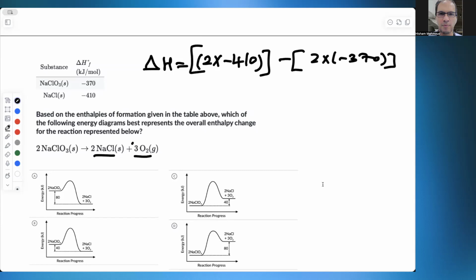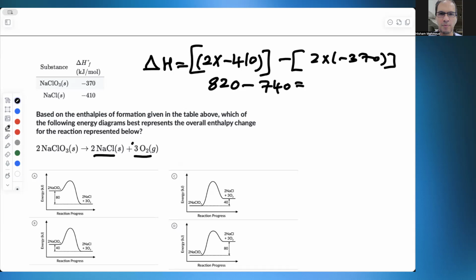So what is the value that you get? 2 multiplied by 410, so that's equal to 820 minus 740.